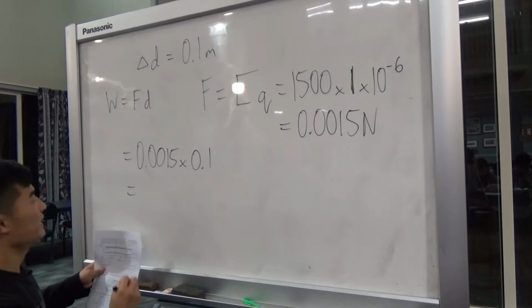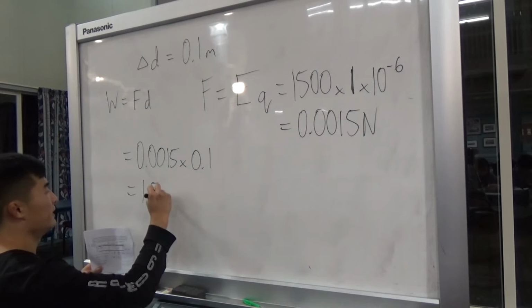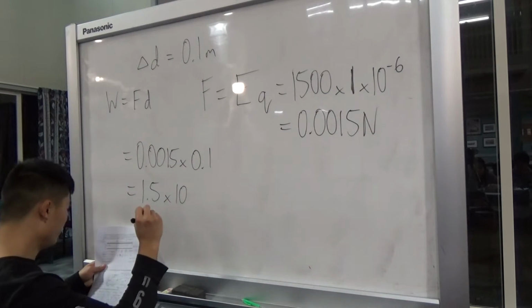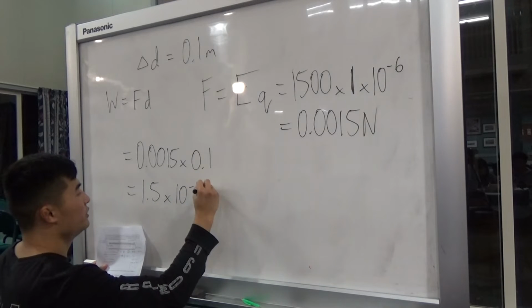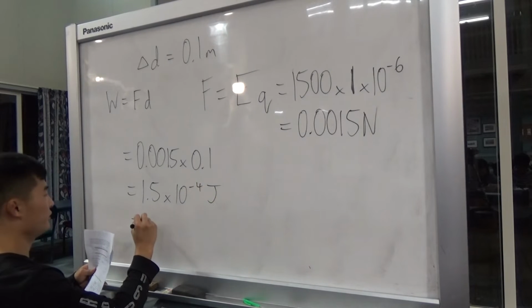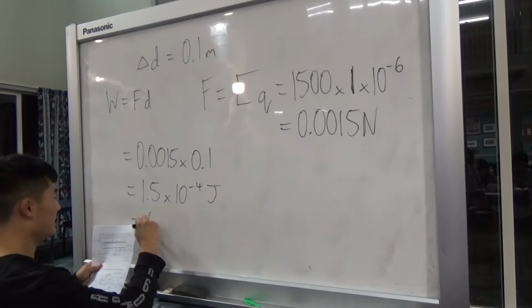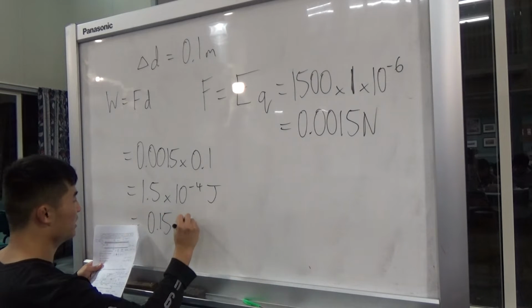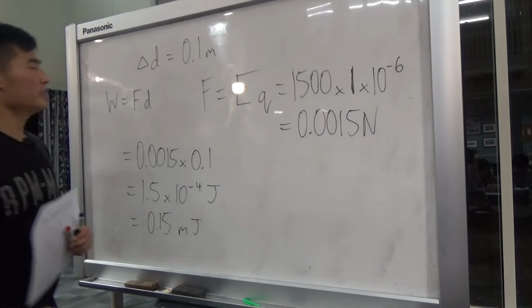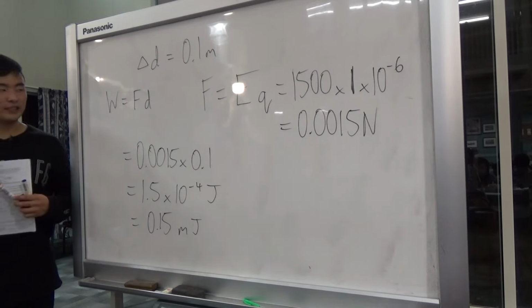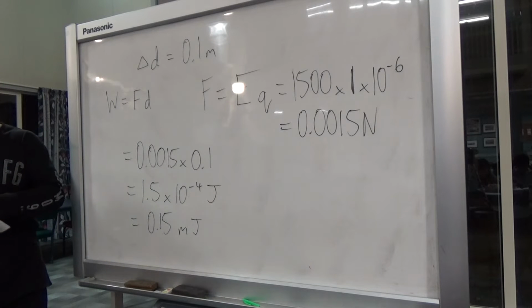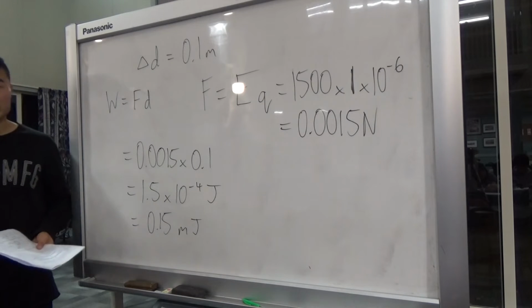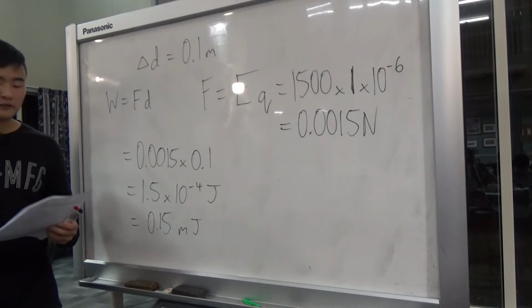So that's going to be 1.5 times 10 to the negative 4 joules, which is equal to 0.15 millijoules. Okay, so your first option is to use work equals force times distance, and then use the electric field strength and the charge to find out what the force is going to be.